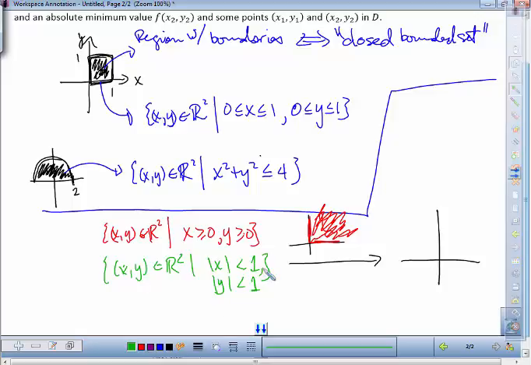So what is it? Square in the middle. Everything outside of that. So 1 and negative 1 in the x, 1 and negative 1 in the y. But the thing is that it's not equal to the boundary. So we have a dotted line here.